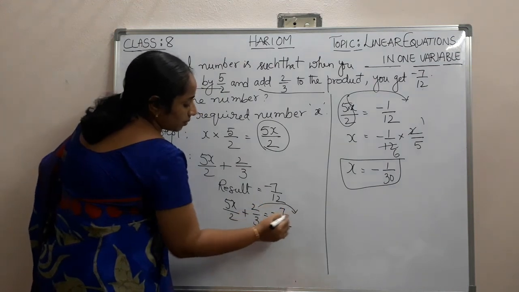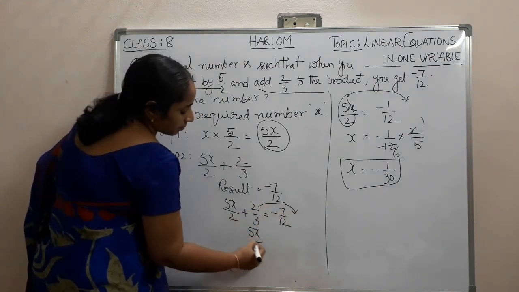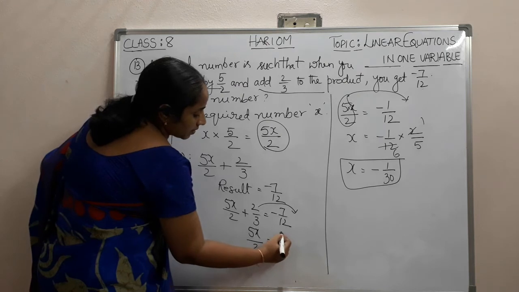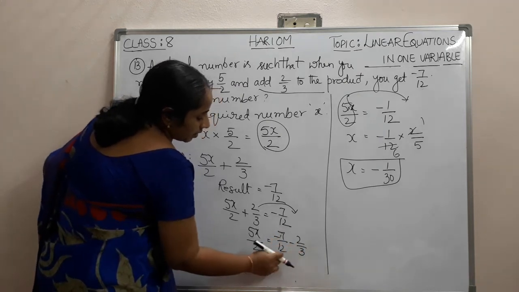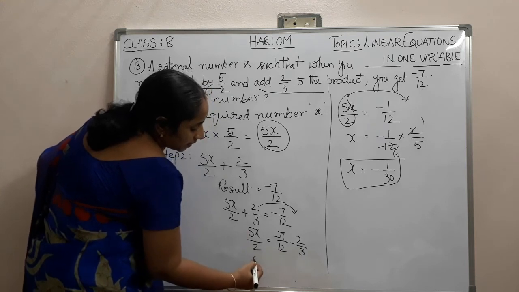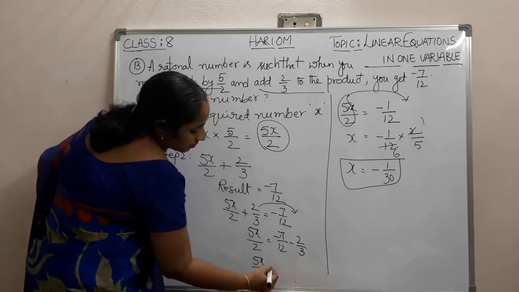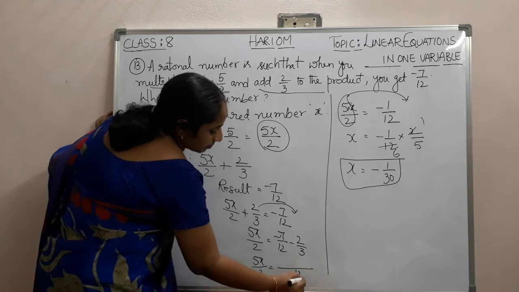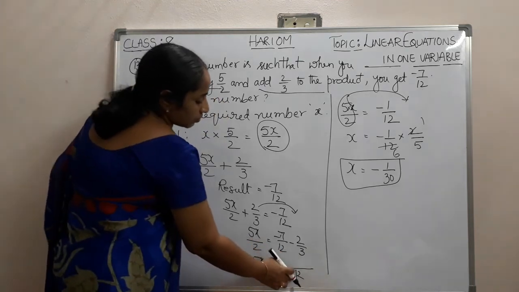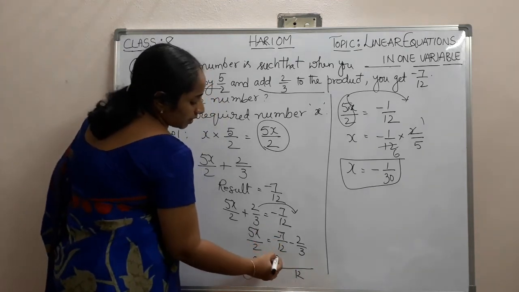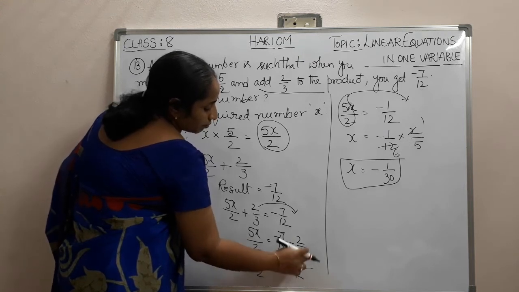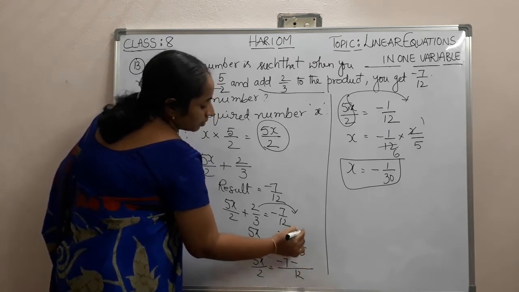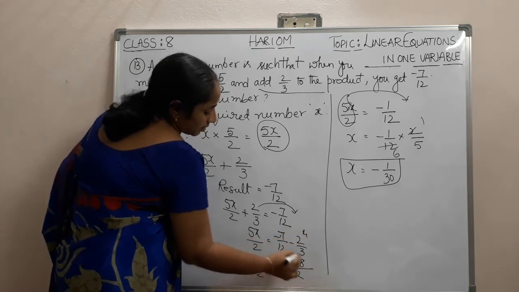Take this plus 2 by 3 to this side. It is minus 2 by 3. Now 12 and 3 LCM is 12 only. In 12 table 12, 1 time, 1 into 7, minus 7. 3 table 12, 4 times, 4 into 2, 8, minus 8.